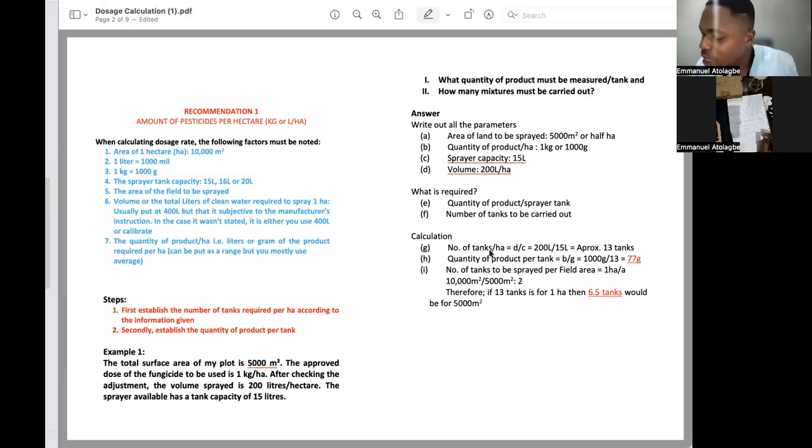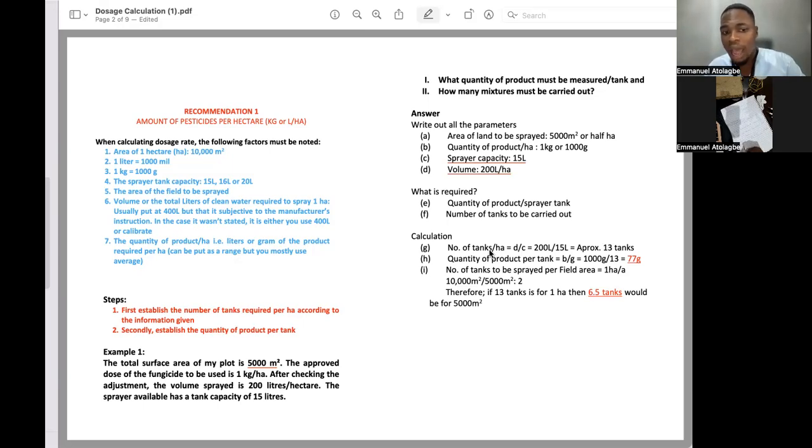Everything we have calculated here is for a hectare of land. All right? Now, the number of tanks to be sprayed per area, we already know it. In that hectare, rather, we already know it, which is 1,000 grams.